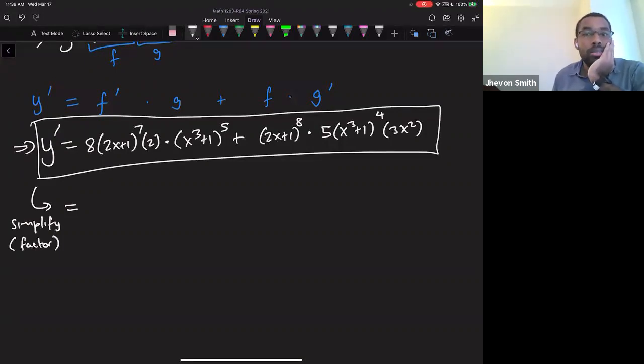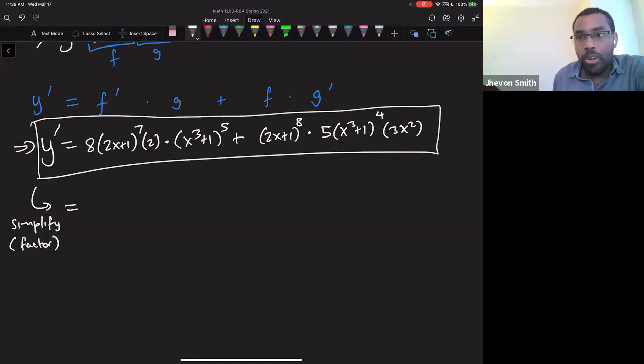So yeah, how would you go about doing this? How would you write this as a product, like a compressed form? Factor out 2x plus 1 to the 7th and x cubed plus 1 to the 4th.